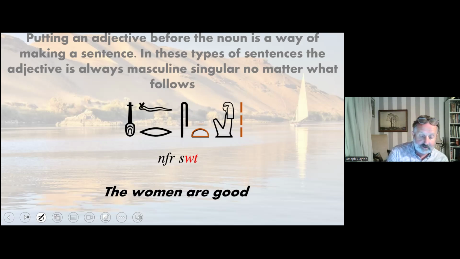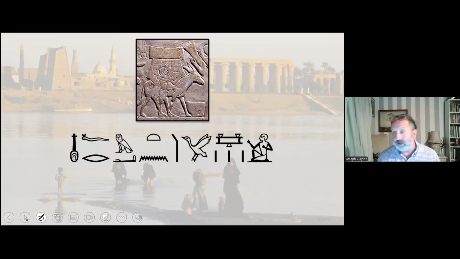Right, now let's have a look at some examples from literature. This is one from the Tale of the Eloquent Peasant. Remember the guy who has his donkey stolen and then goes on and on for 10 petitions, pleading about the nature of justice and saying why he should get his donkeys back, and then he takes a beating as well, and then the king orders his words to be written down and brought to him every day, and they give his family back home nice food and things as well.